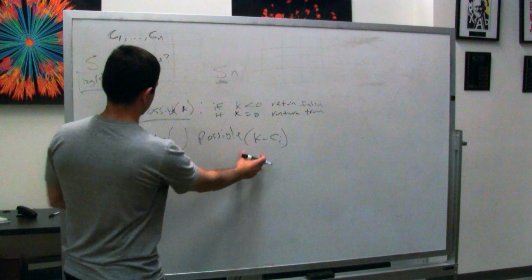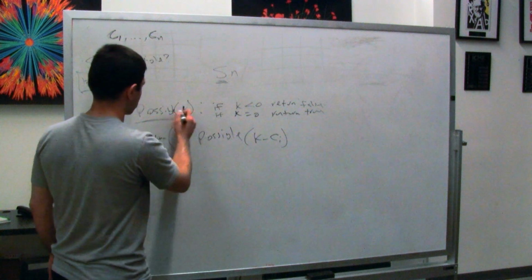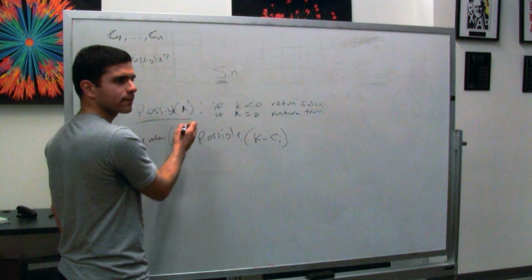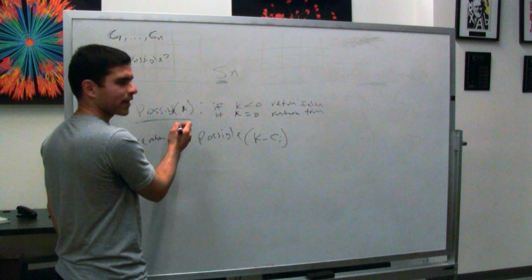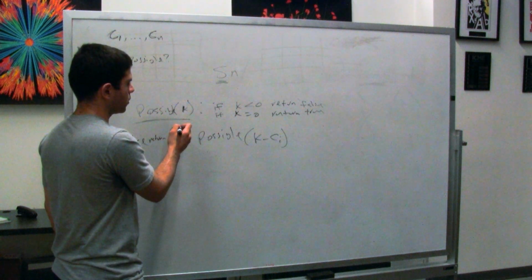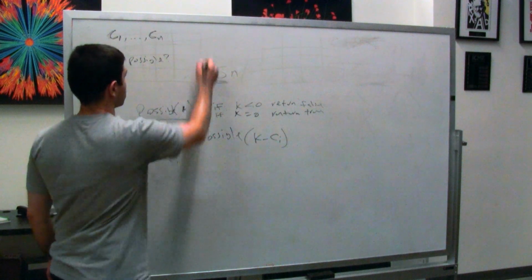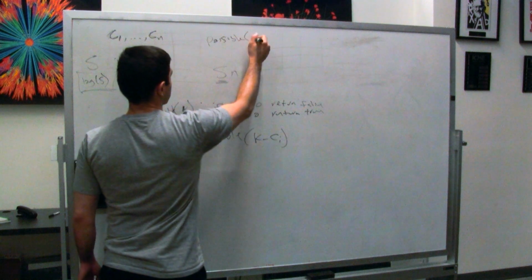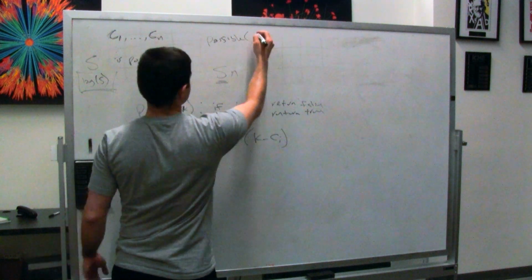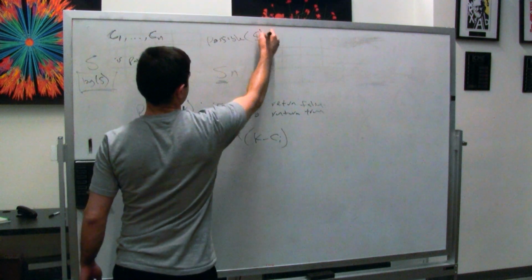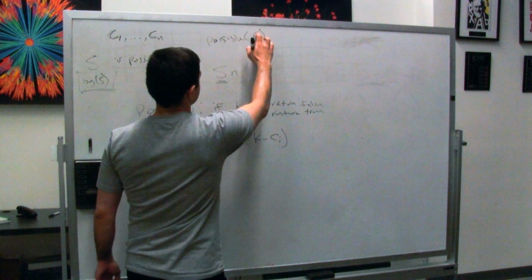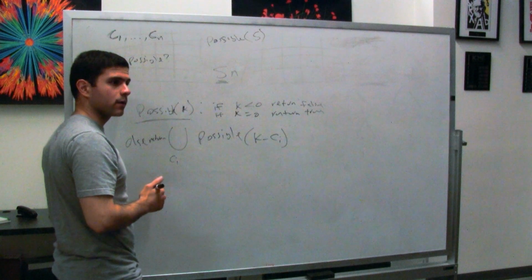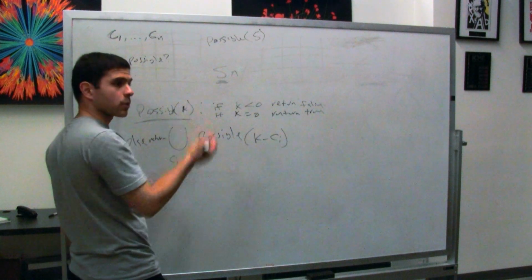Every single value that k can take on could be realized. And so in the computation of possible of S, it's potentially going to happen that every single value that I can fill in here will be filled. So then I've already done big S work.